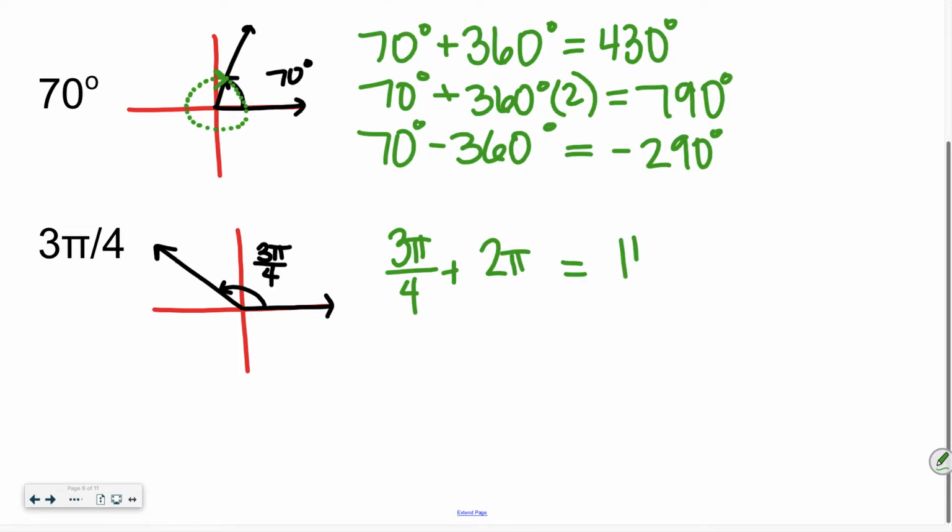So a coterminal angle would be 11 pi over 4. Find me the negative one. Addison, what would this one be? -5 pi.